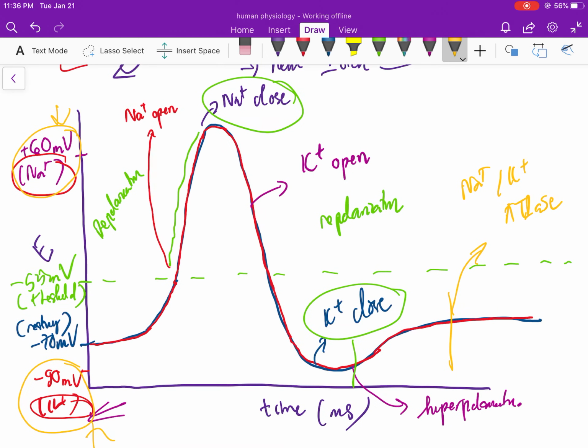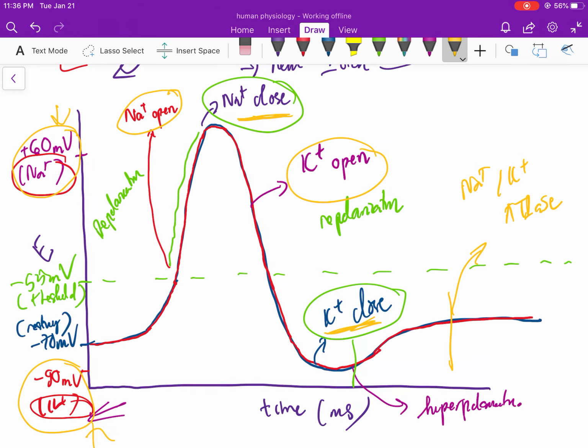That's why we can see at this point Na is open when it goes in the positive direction. When it's going in the negative direction, then we have K plus open. And in opposite, if it is going down in the negative direction, then Na must be closed. And if it's no longer going in the negative direction, then we have K plus closed.